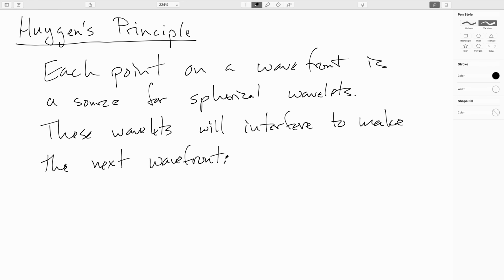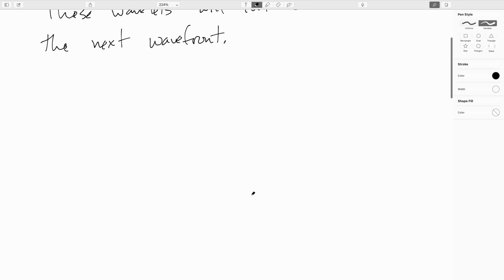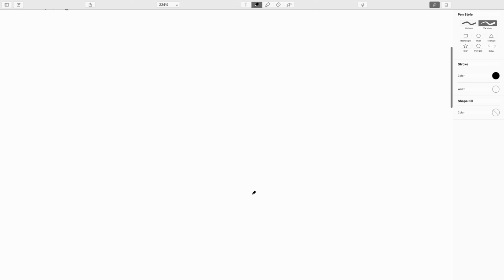Now, for two particular arrangements of wavefronts, this will work out to make wavefronts that look like themselves again.